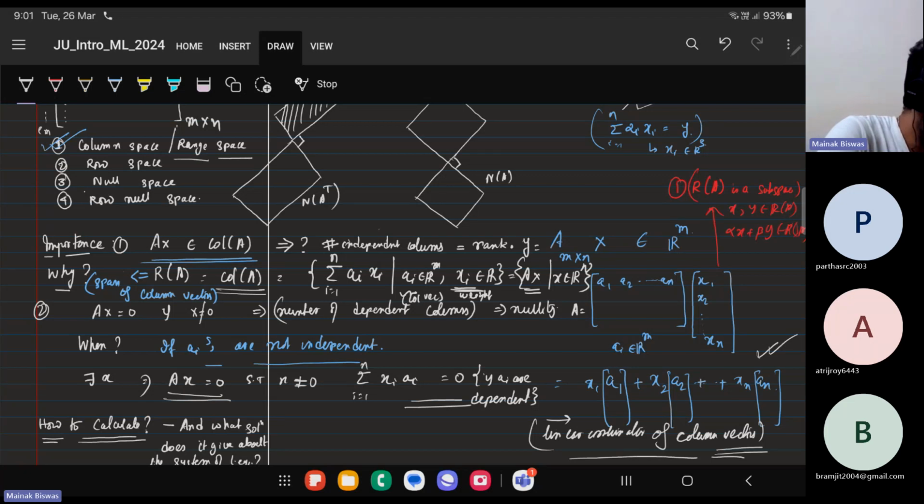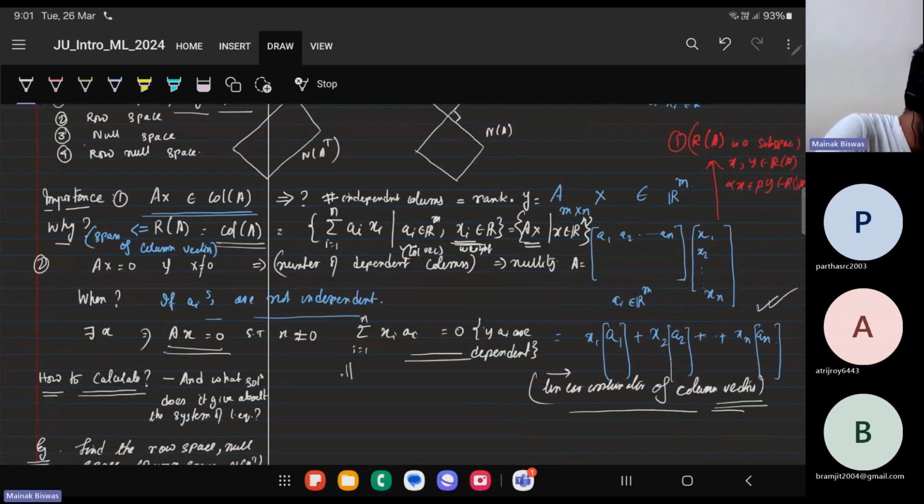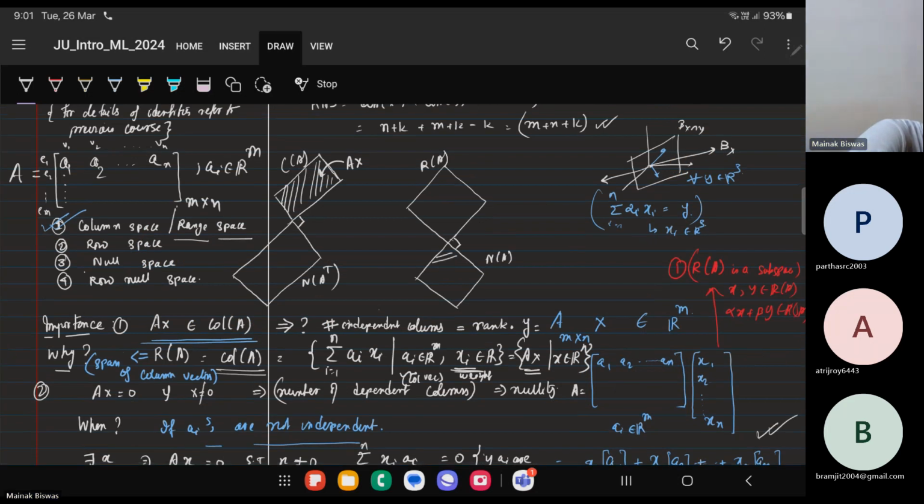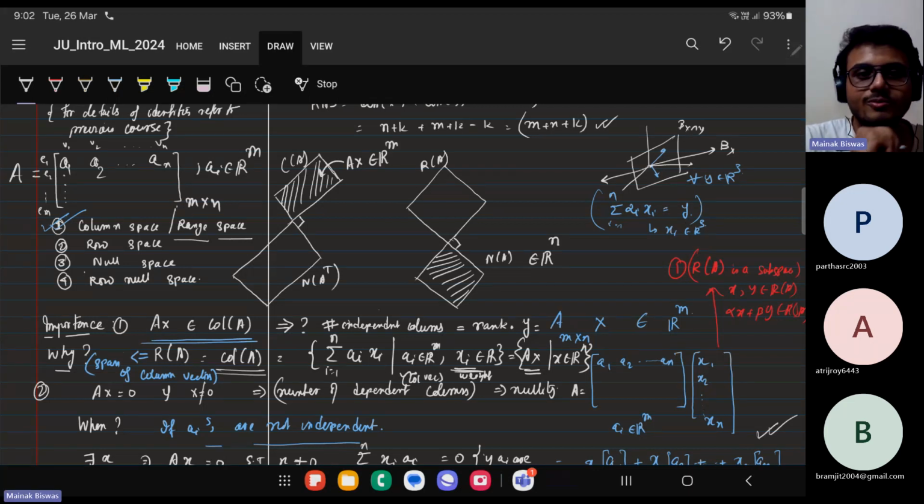And this space, we say the null space of a matrix A, N(A), is defined as all those x in R^n such that Ax is equal to 0. So this is your null space. This belongs to R^n, and the column space belongs to R^m.